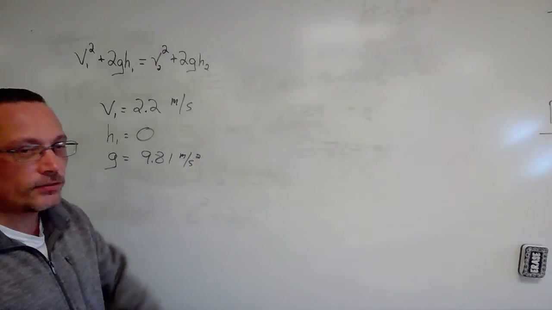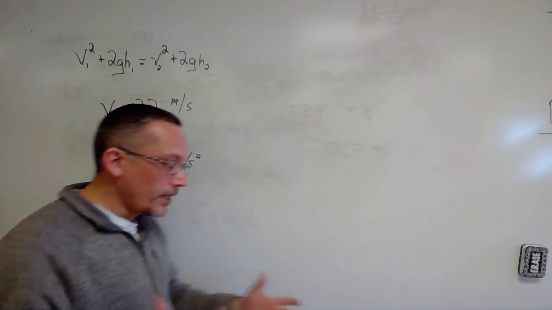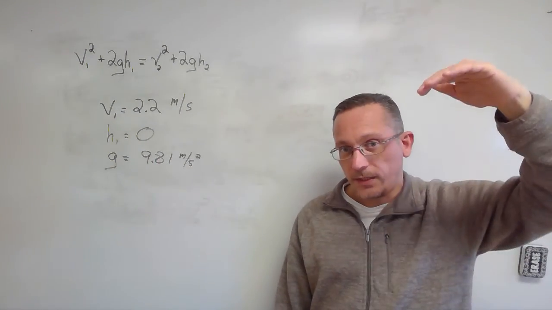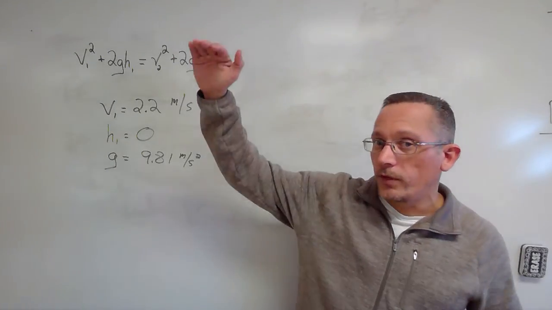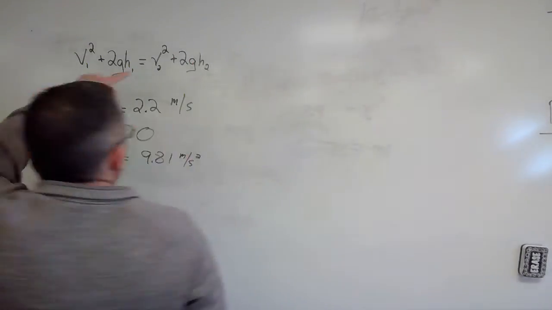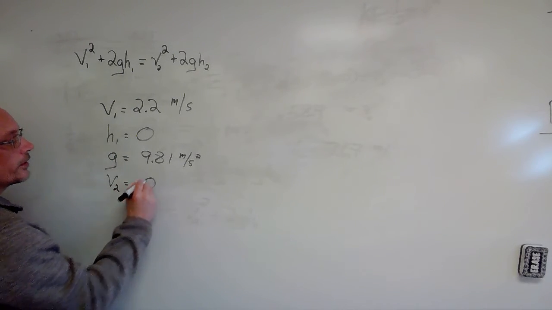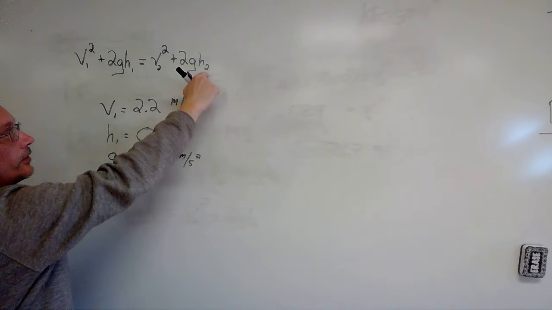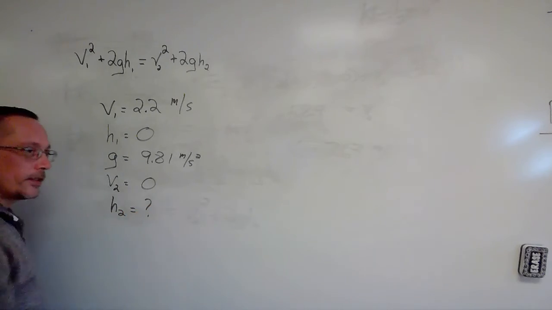Let's leave off the negative. On the other side here, the final velocity that the runner has, when they're at the very top of their jump, is going to be 0 because they stop moving up at that point. So this v2 is 0, and g is the same. And then the final height here, that's what they asked me to find.